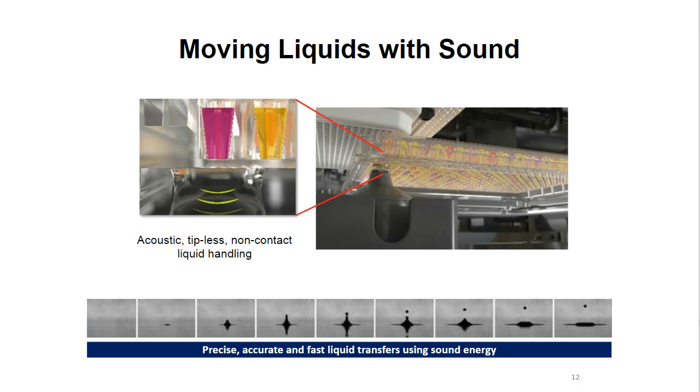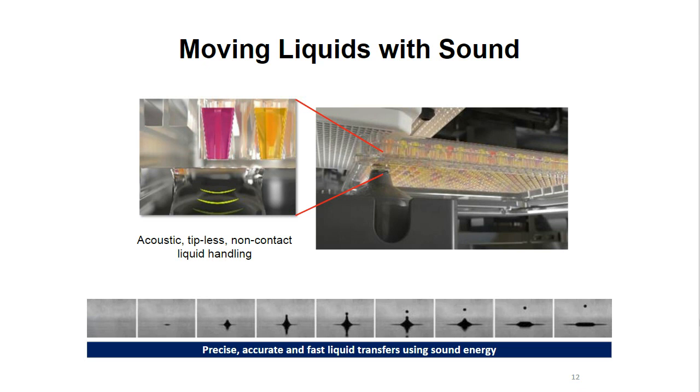On the top right here, you see the source plate with a different solution of purple and yellow wells. And you see the destination plate upside down just above the source plate where the droplets are dispensed. And at the bottom of this slide, you see a time lapse of the formation of the droplets that are dispensed into the destination plate.